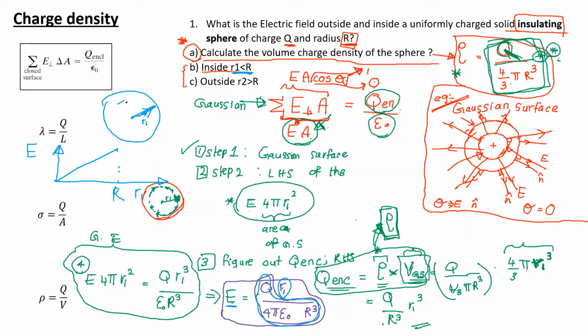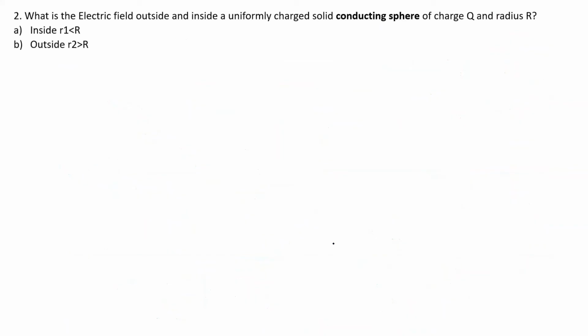Why? Because the enclosed charge is increasing, right? When your Gaussian surface goes from this tiny one to a bigger one, you can see enclosed charge increases. So even by looking at this equation, you can see that electric field increases with the radius till the maximum radius, till R. We will look at the outside when you go to the next part of the problem.